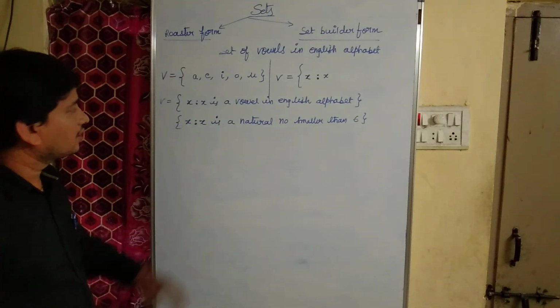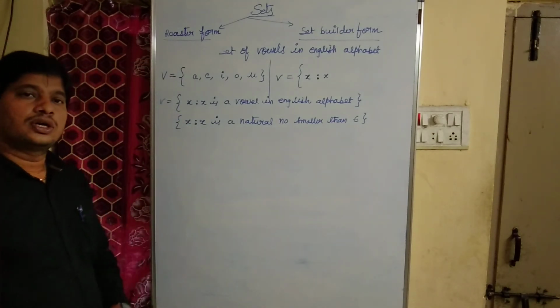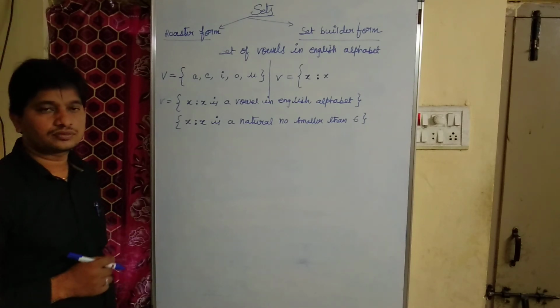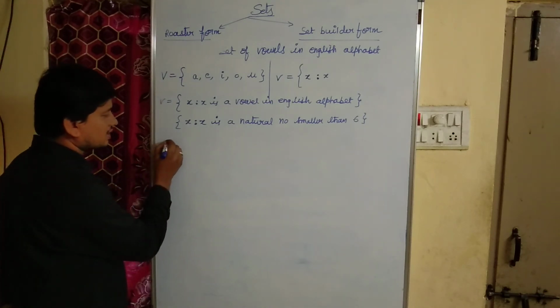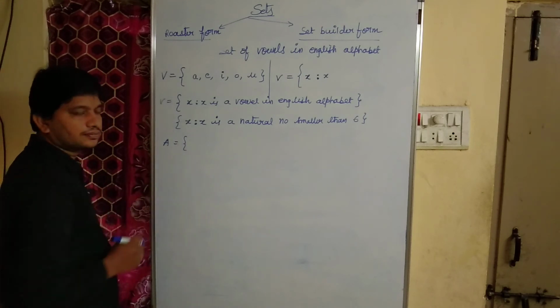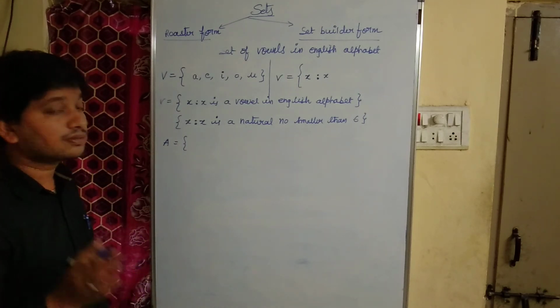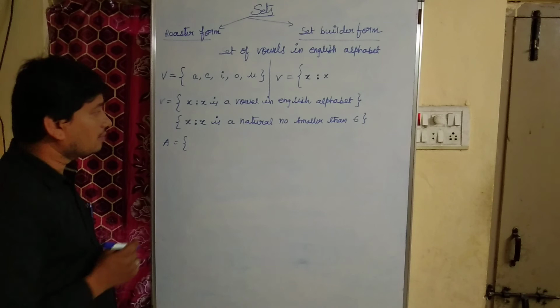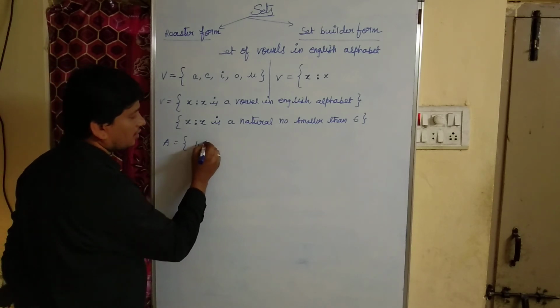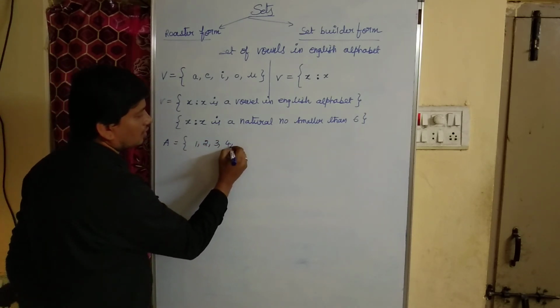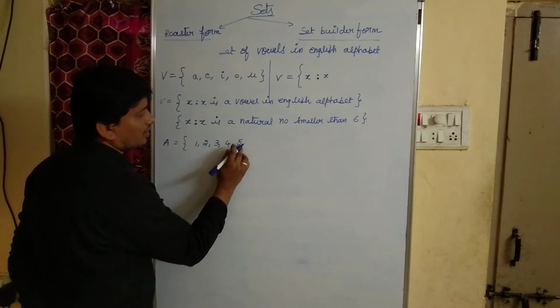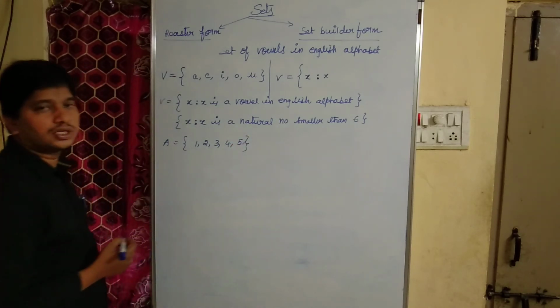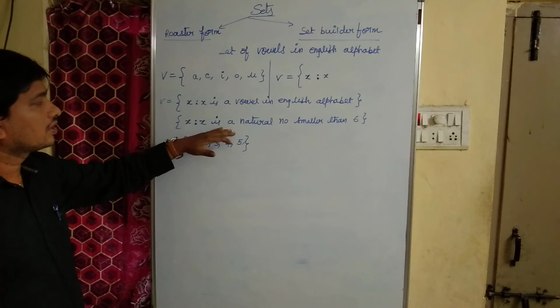How to write this in roster form? Let me represent the set by A. What are the natural numbers smaller than 6? Natural numbers smaller than 6 are 1, 2, 3, 4, 5, because they are asking smaller than 6 only. So this is the given set.